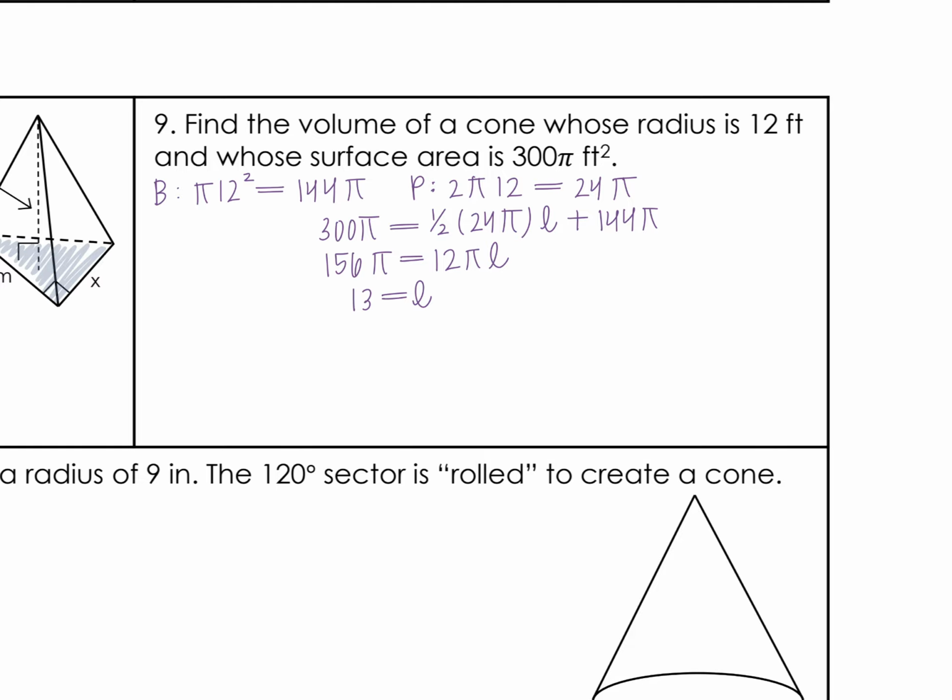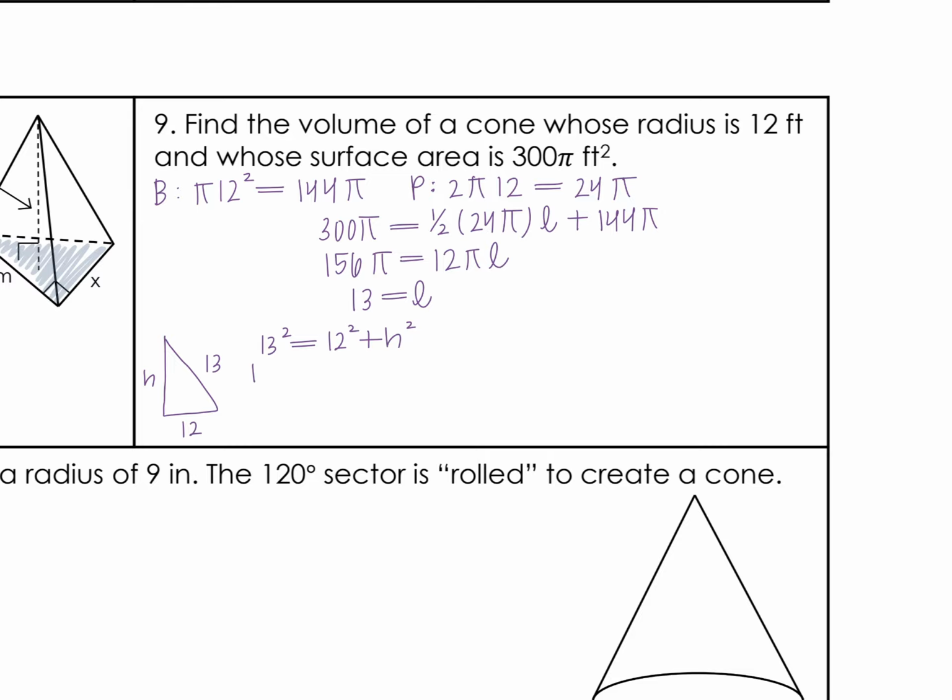Now, for volume, we don't use slant height. And so I am going to need to use that slant height along with my, so let me draw it here, along with my radius of 12 to find my h, my height of this cone. So plugging in, we're going to have our 13 squared is equal to 12 squared plus h squared.